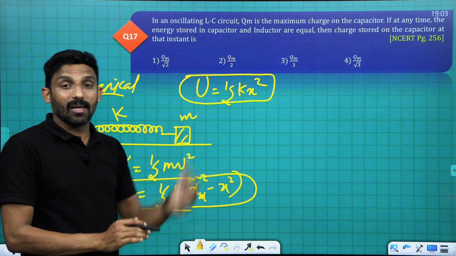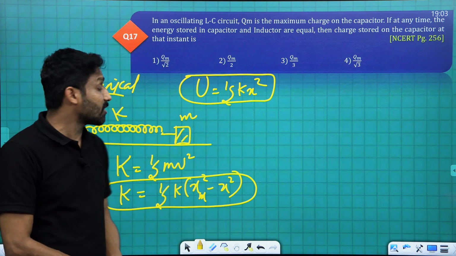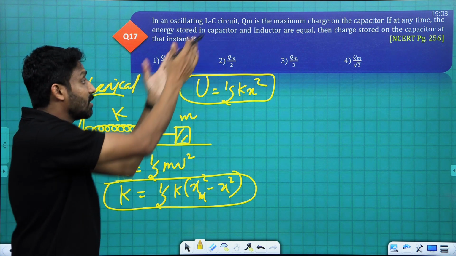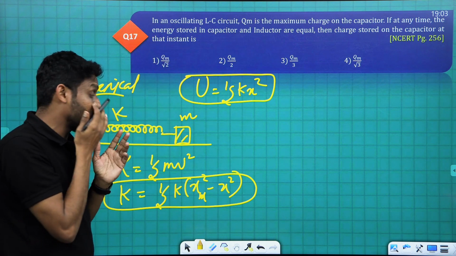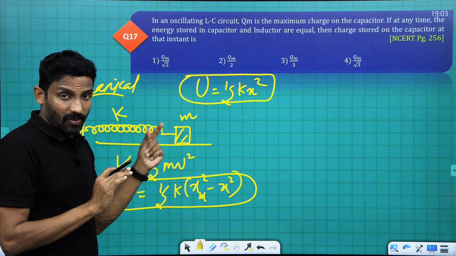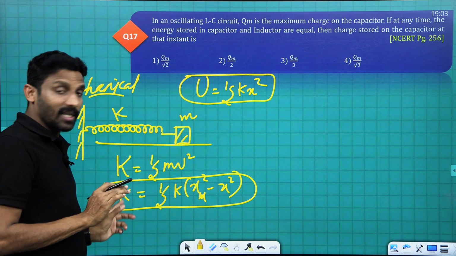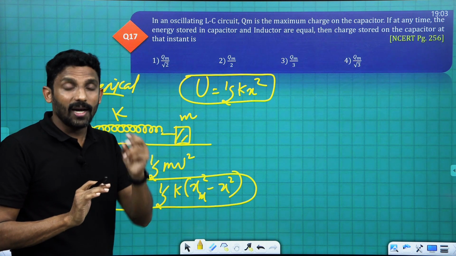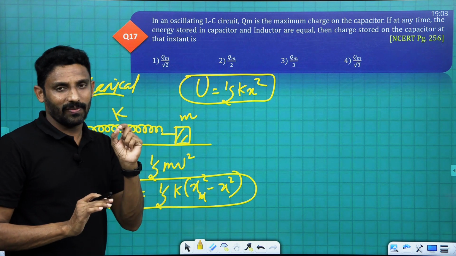Here the question is asked about electrical oscillation, but first I am comparing with this situation, then it will be very easy. Now in a particular case where the potential energy U and kinetic energy K are equal, at what value of x? We can easily check.